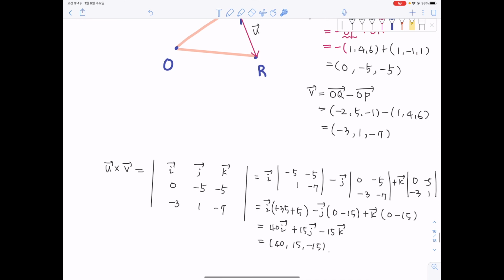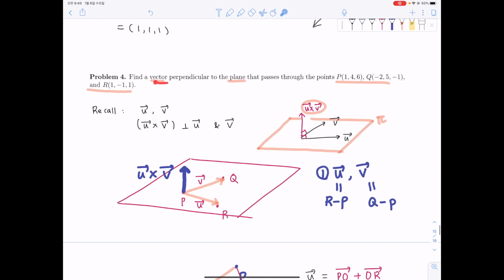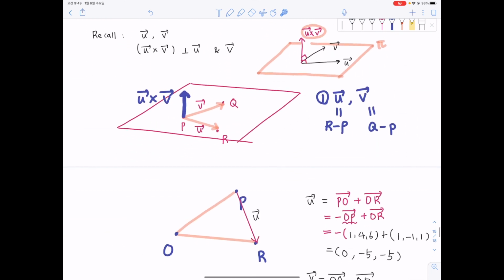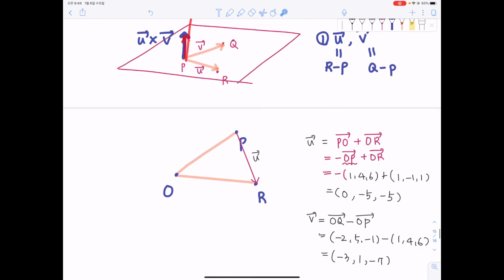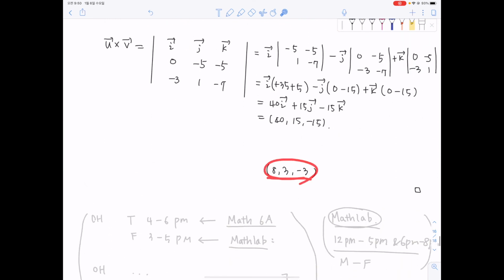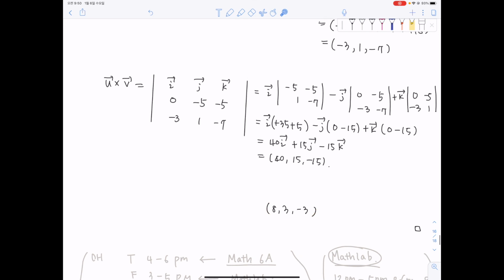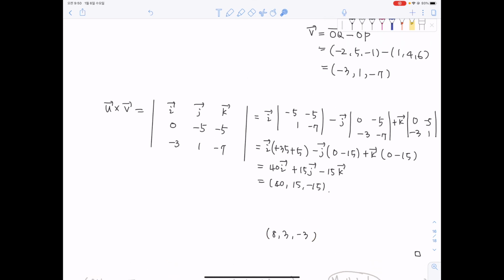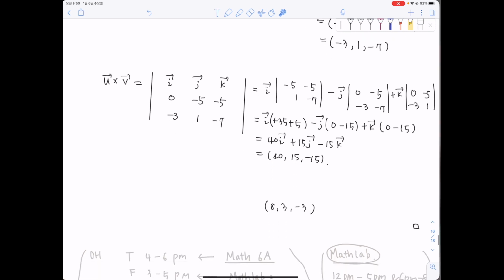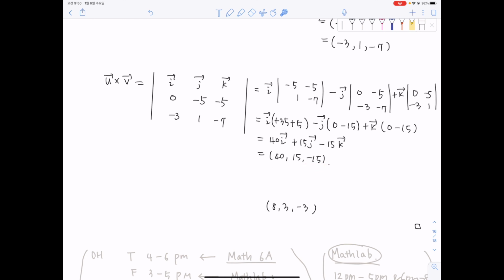Here we found a vector perpendicular to the plane, so the length of the vector was not important, so we can use this vector. But in problem 5, we want to find the norm of the vector, which means the length of the vector is important, so we cannot divide it by some scalar. So we need to use the original vector here.